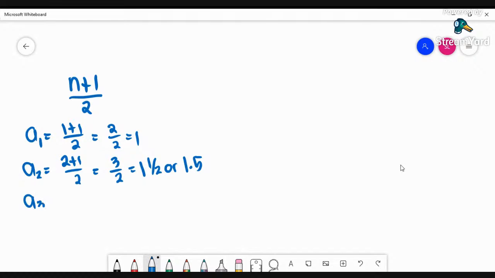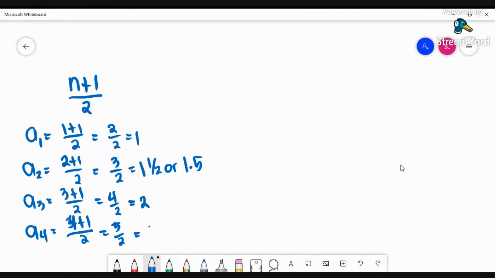Next, for a sub 3, we get 3 plus 1 over 2, which is 4 over 2, equal to 2. For a sub 4, that is 4 plus 1 over 2, which is 5 over 2. That is equal to 2 and 1 half, or 2.5.